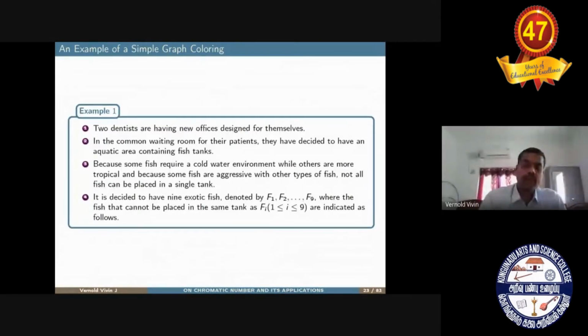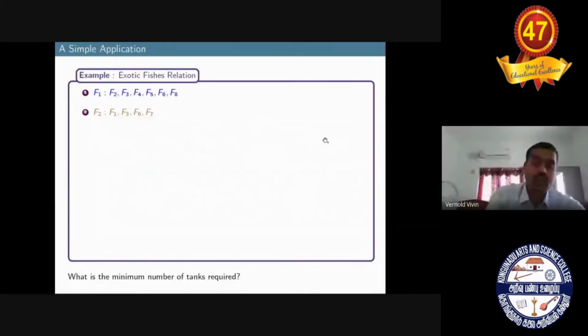Here we have some relations. Fish 1 cannot be placed with fish 2, fish 3, fish 4, fish 5, fish 6, and fish 8, because they don't have common characters. Fish 2 will be aggressive towards fish 1, and similarly fish 1 will not eat the same kind of food as fish 3.